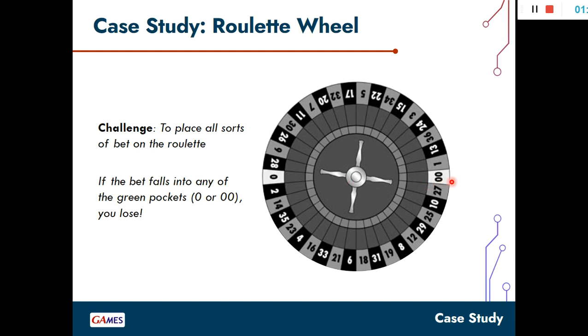I hope that makes sense. That's 2/38. That's a good one. Do we agree with that? Yes. Now, what's the probability of landing in a black?